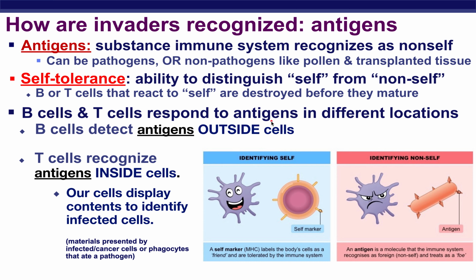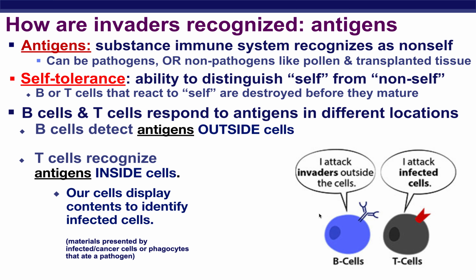Now, that ability to distinguish self from non-self is a really big deal, and actually part of why your immune system is so flexible against so many different bacteria and potential viruses. Now, B cells and T cells respond to the location of antigens, the location of potential pathogens in different parts of your body.